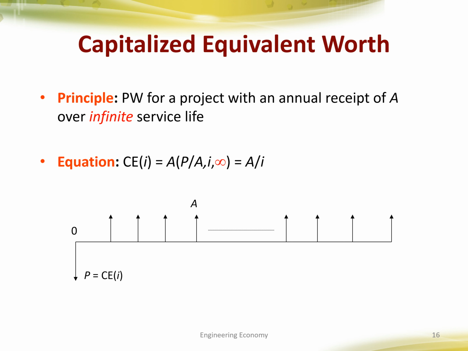So we just need to take A divided by i, then we can get the present value of them.